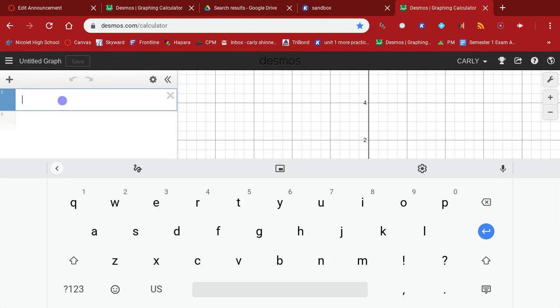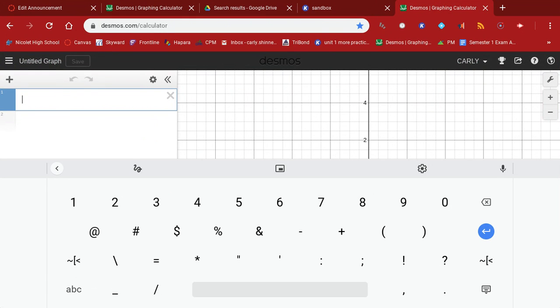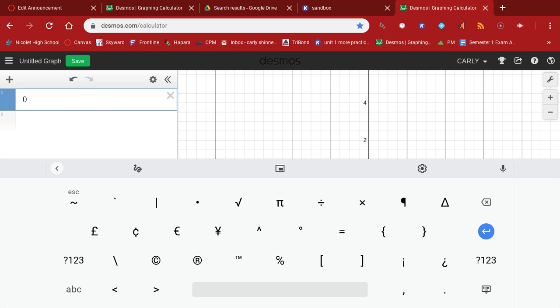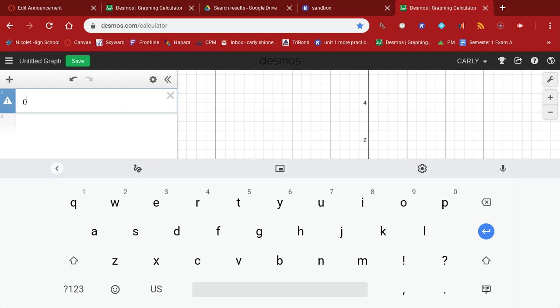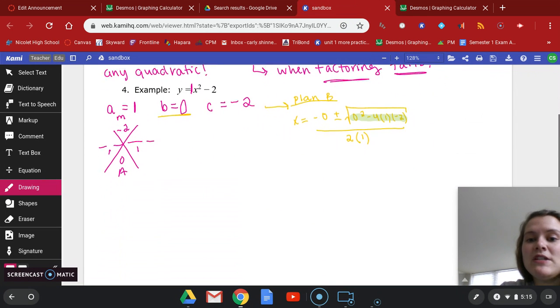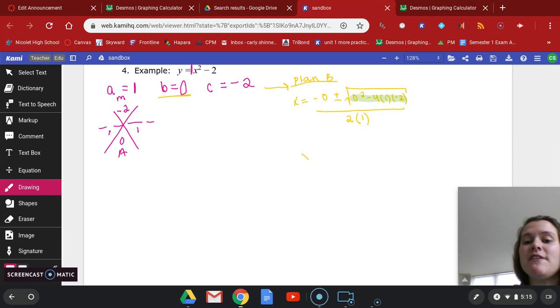We're going to type in 0 squared minus 4 times 1 times -2, right? 4AC. And that gives us a positive 8, all right? So my discriminant is a positive 8.